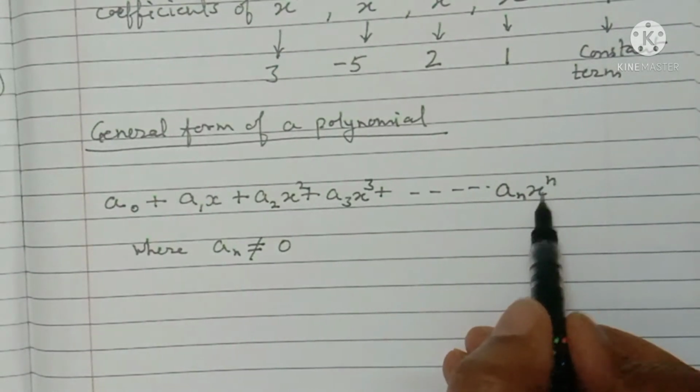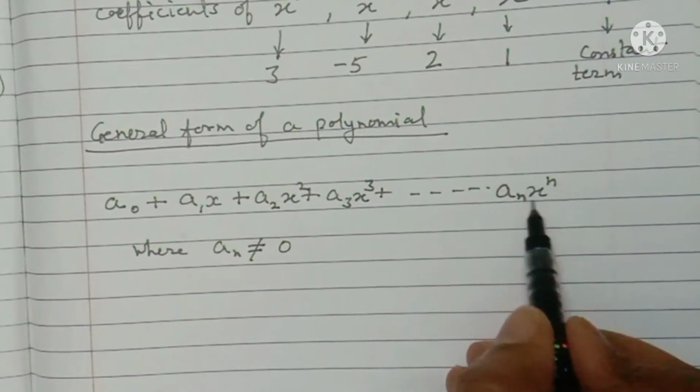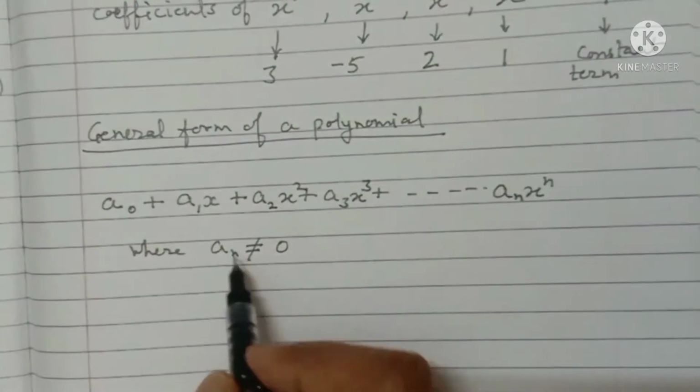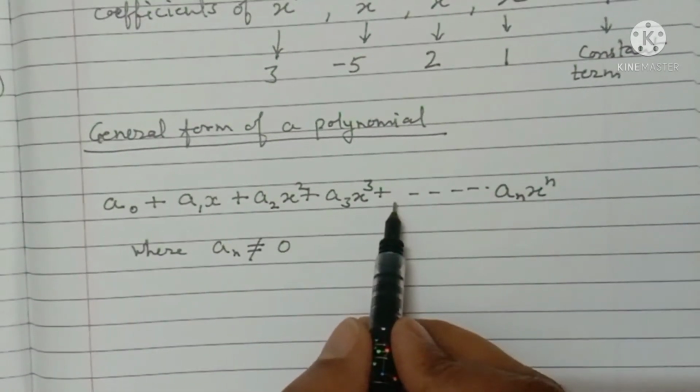Here the power of x is n, so it is called the degree n, and this is called the polynomial of degree n.